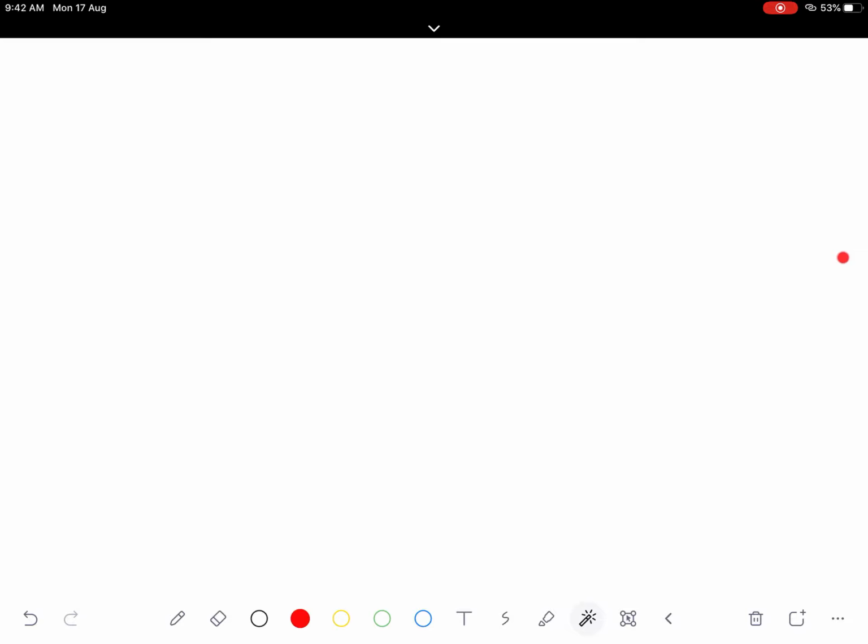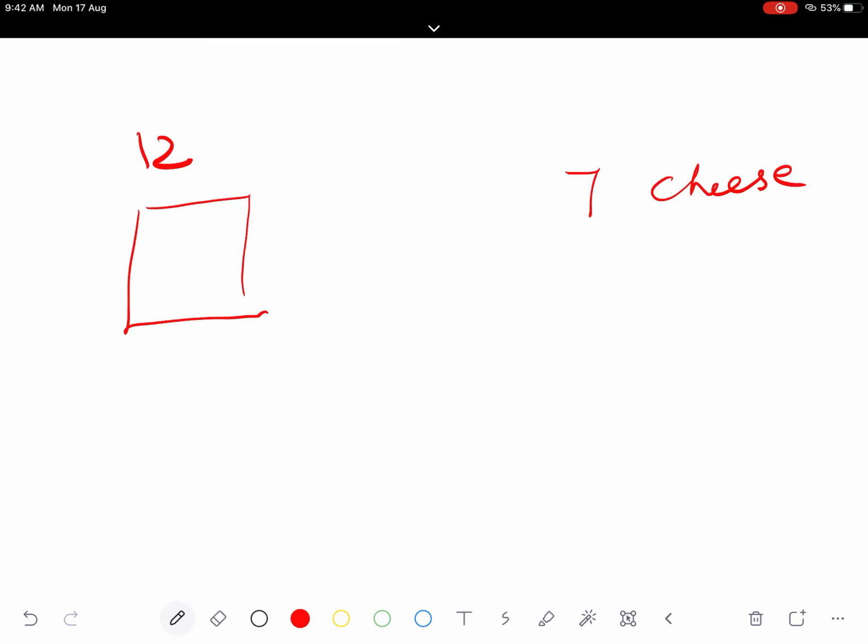For limiting reagent, take for example 12 pieces of bread and 7 cheese sheets. How many sandwiches can you make out of this?